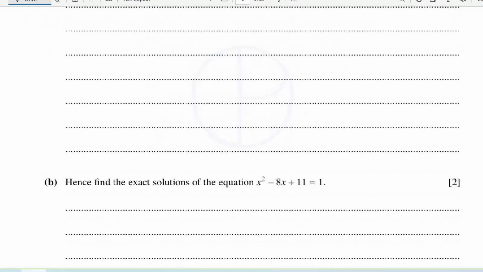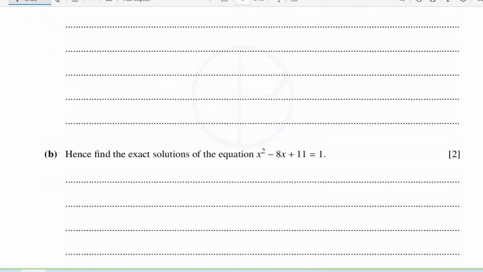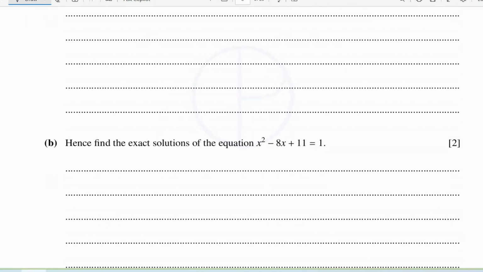The next part of the question is, hence find the exact solutions of the equation x squared minus 8x plus 11 equal to 1. So the given expression can be written as (x minus 4) the whole squared minus 5, and it's given this is equal to 1.